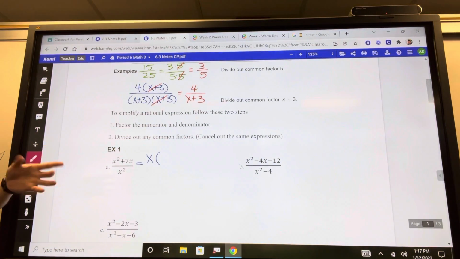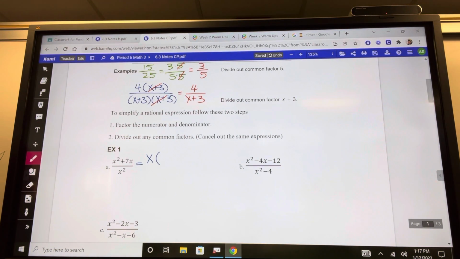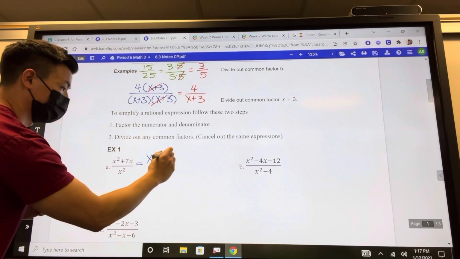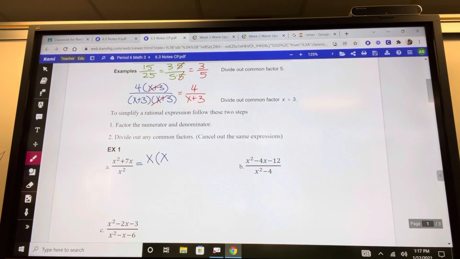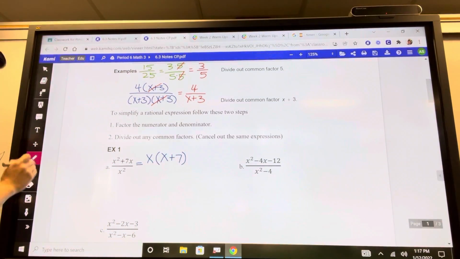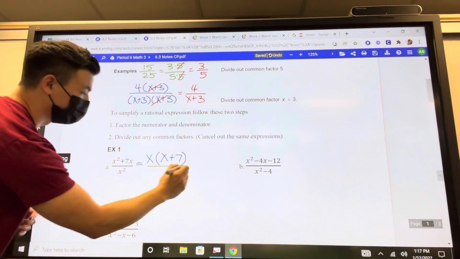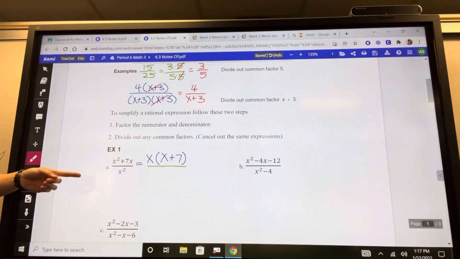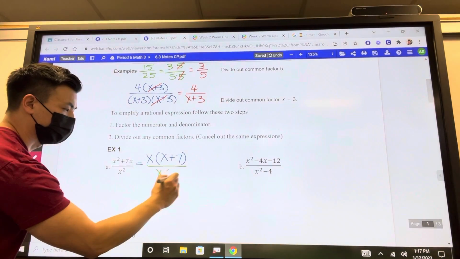If I take an x out of x squared, what's left? Just 1x, right? If I take the x out of 7x, then I'm left with just 7. And with my denominator, I can do the same thing. Can I factor out x from x squared? Yeah, this is going to be x times x.